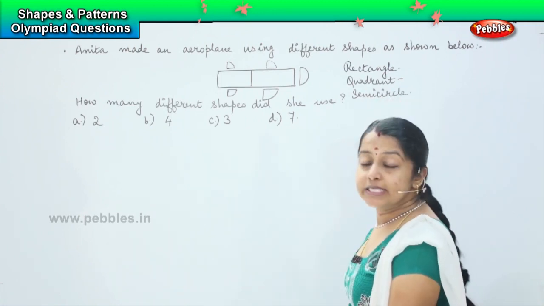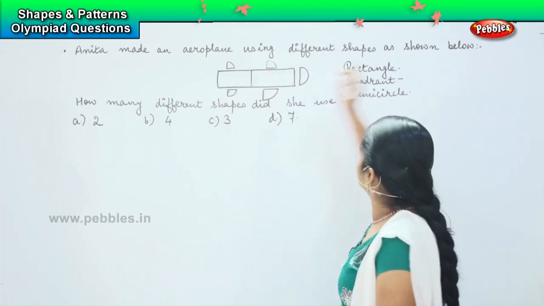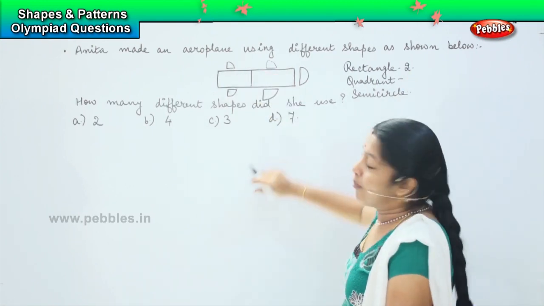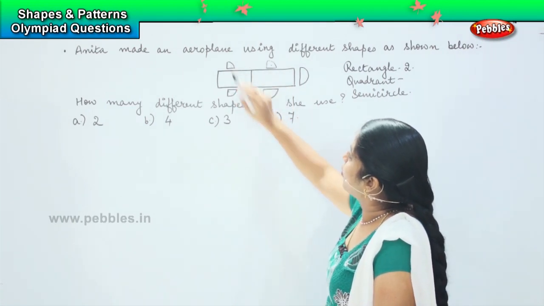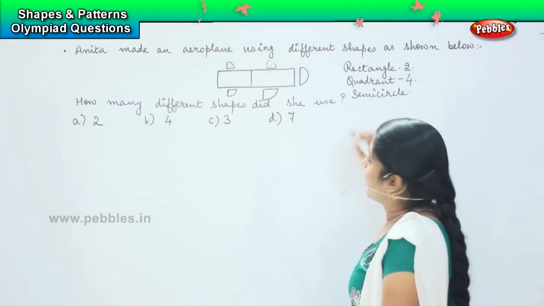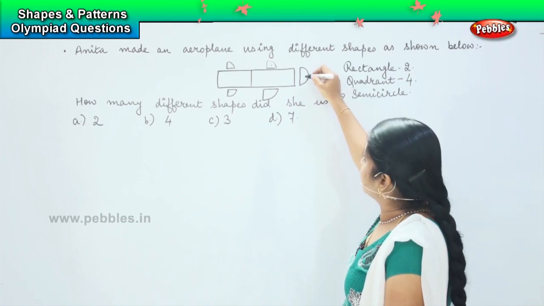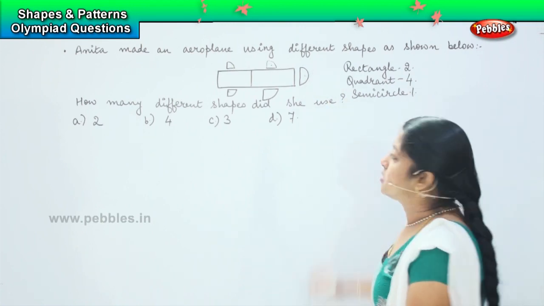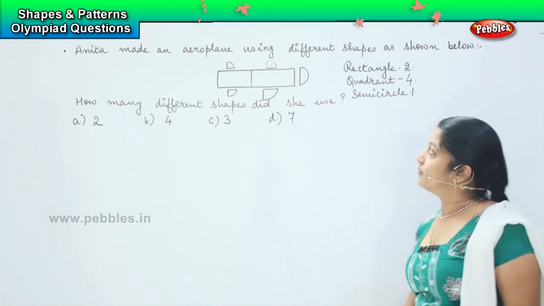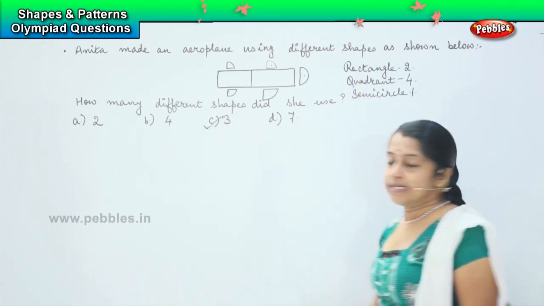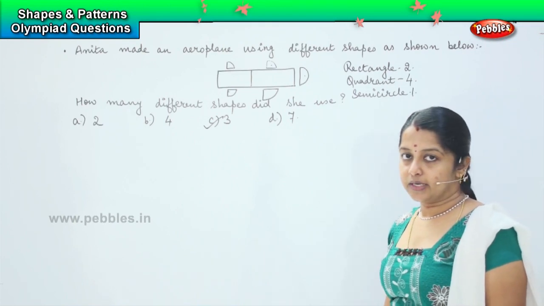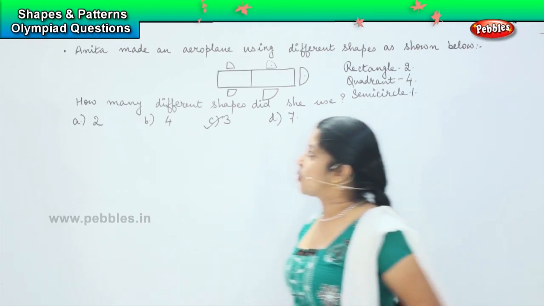So how many rectangles are there, children? 1 and 2. How many quadrants are there? 1, 2, 3 and 4. And how many semicircles are there? It's just 1. So how many different shapes are used here? It's 1, 2 and 3. So option C, 3 is the right answer. Clear? Moving to the next question.